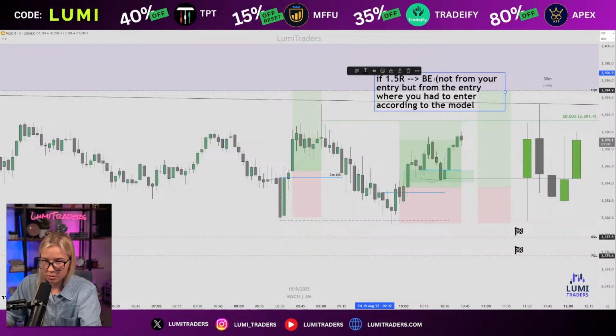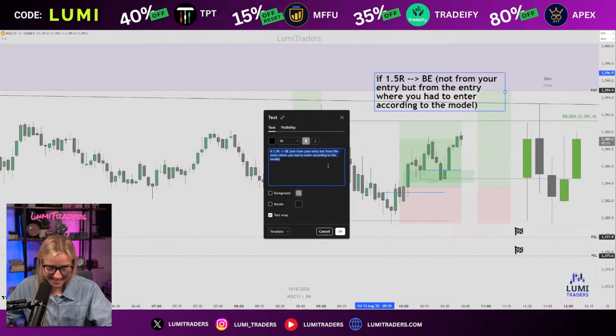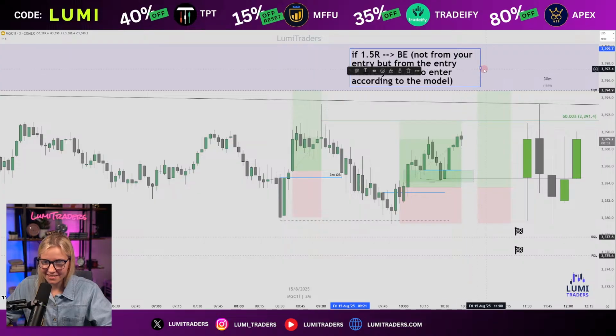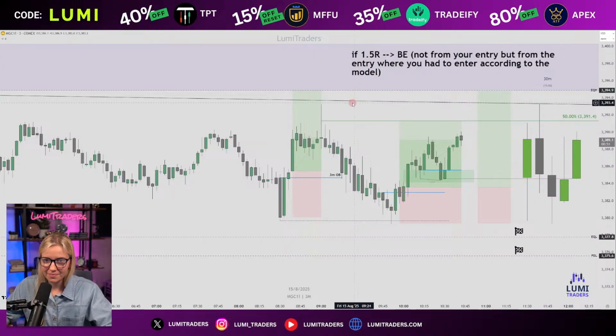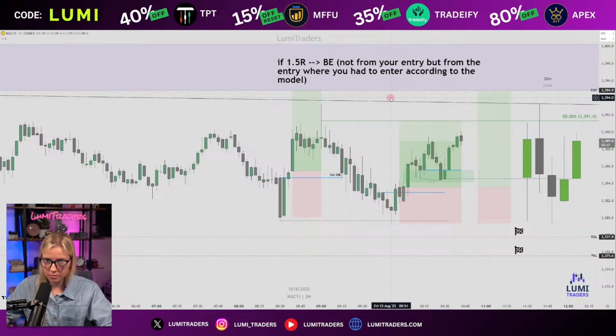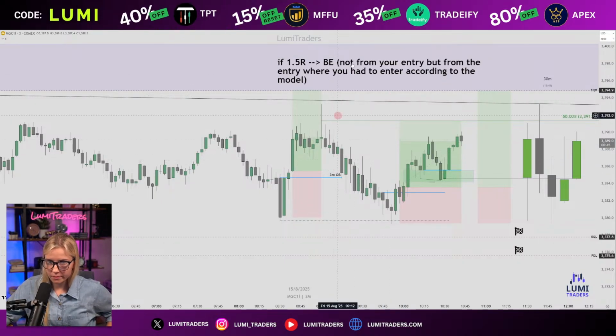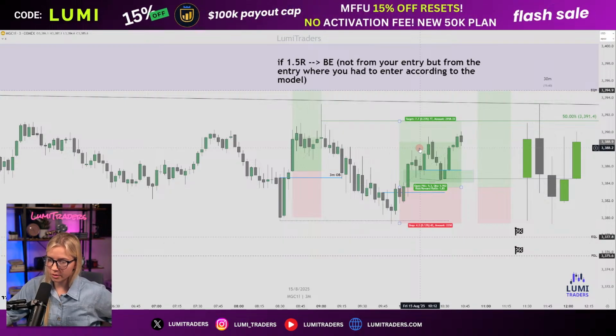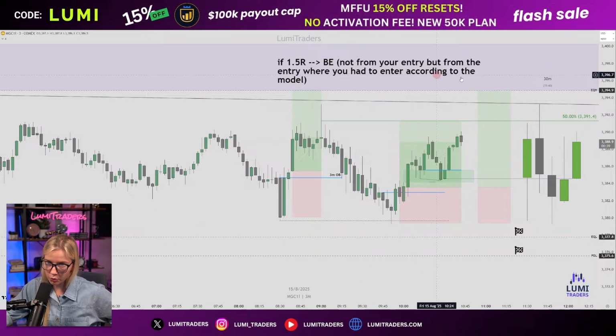Oh, no typos today, that's progress. That's key for us. So basically, you adjust your 2R not from your entry, but from the entry where you had to enter according to the model.